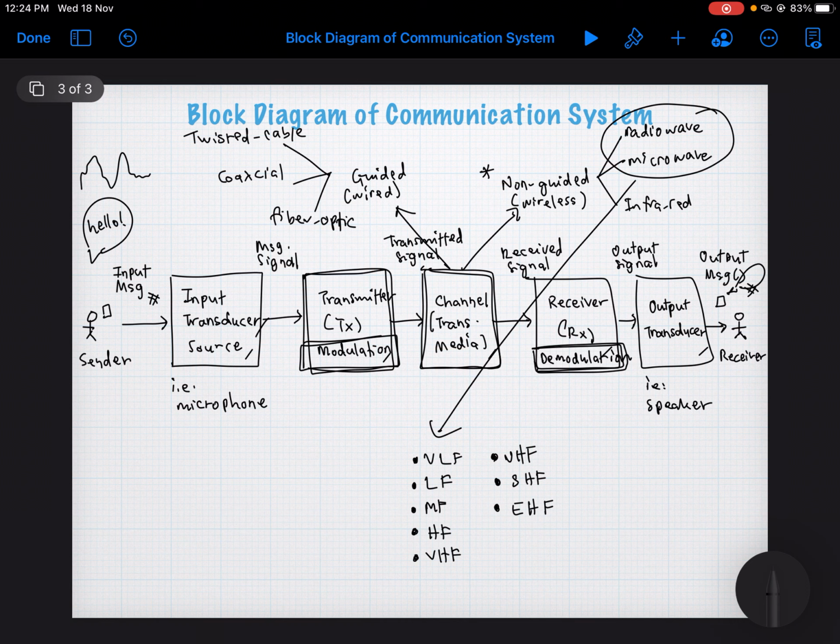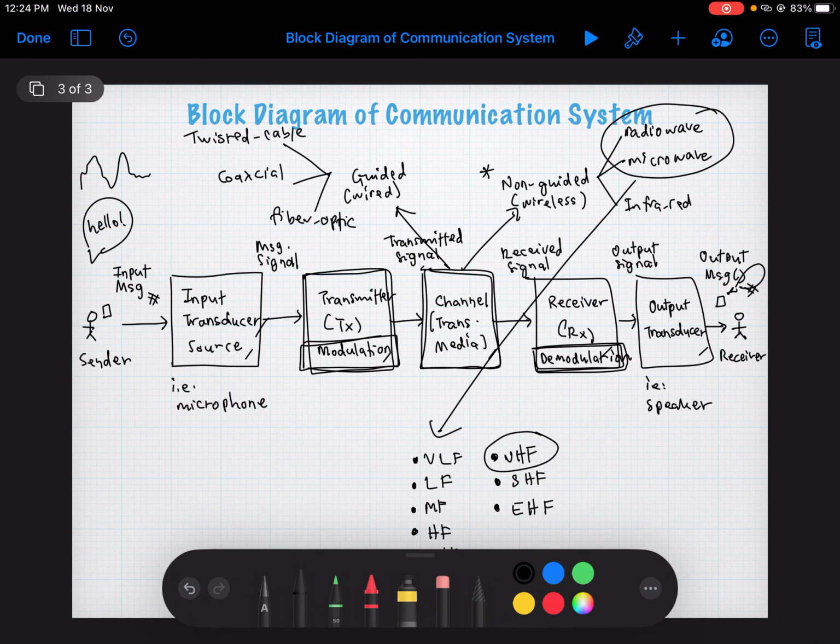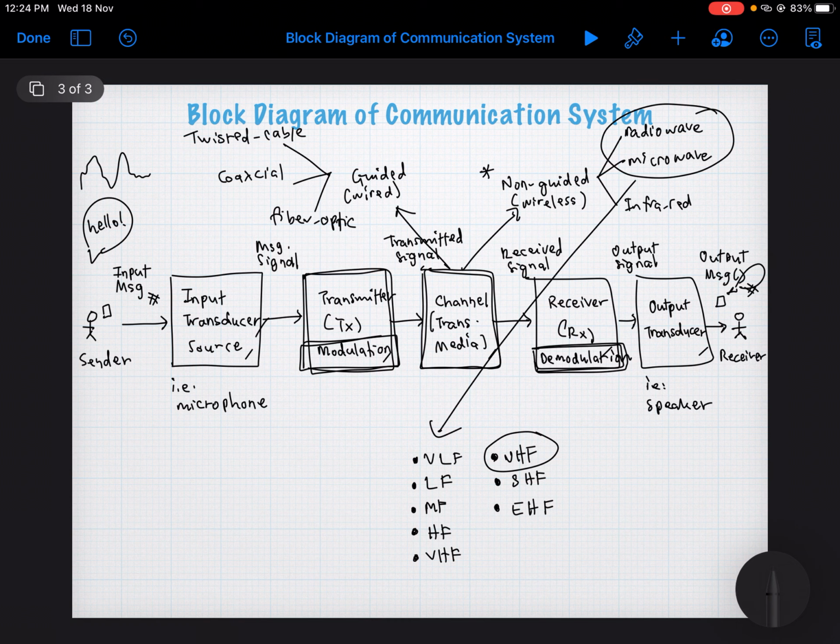Different frequency bands have different applications. In this example, the mobile communications, you want to communicate with your friend through voice, so the frequency that we are going to use is UHF. That is for channel or transmission media.